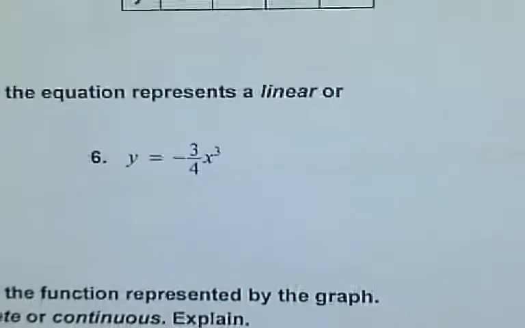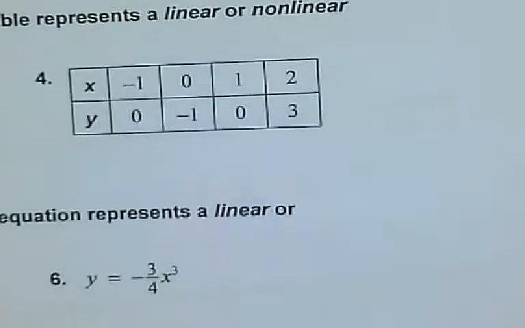Number 4. What do you think? Linear, non-linear? Take a guess. No one's going to say anything bad about it. Just take a guess. All right, cool. Let's take a look. -1 to 0, what's the distance? 1. What's the distance? 1.